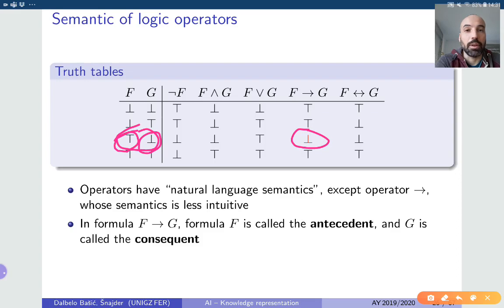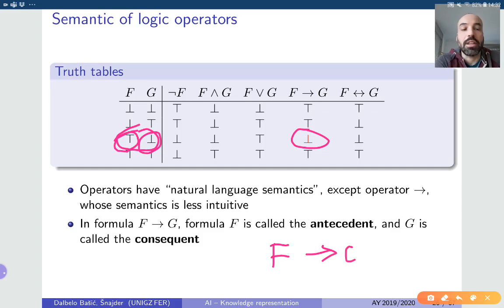And to give you an example, consider a statement like, if the earth is flat, then Croatia is larger than the United States, right? Now, is this true? Well, I'm saying if the earth is flat, let's denote it with F, then Croatia is larger than the United States.